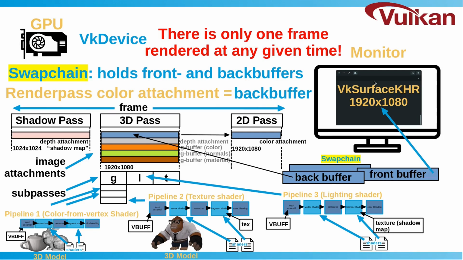While this front buffer is shown on the monitor, the GPU can work on the back buffer. So we can either do double buffering, where we have one front buffer that is shown and one back buffer that we can render into, or we can do triple buffering.